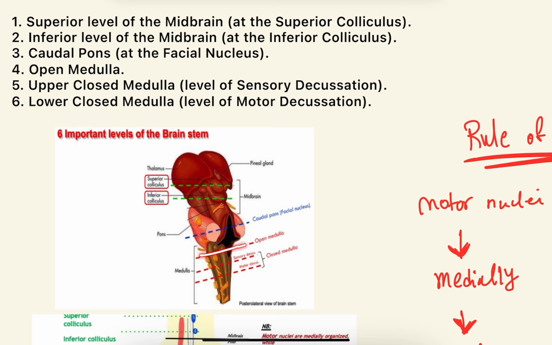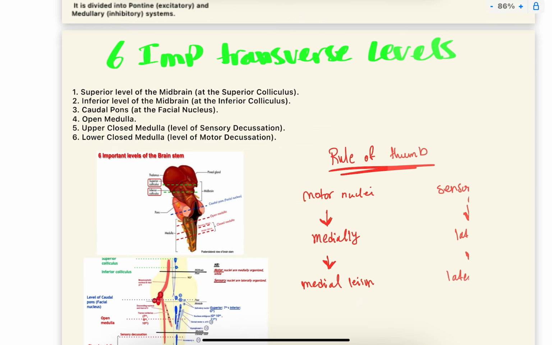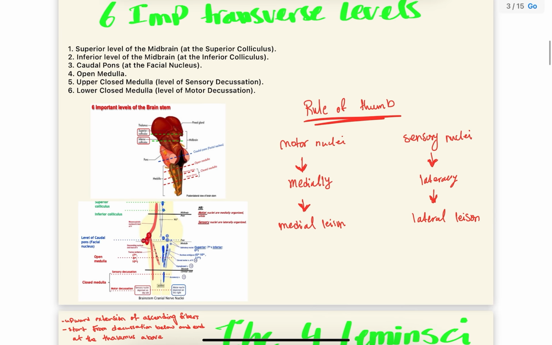Then the open medulla, and for the closed medulla I have two parts: the upper closed and the lower closed. The upper closed is mainly at the level of the sensory decussation, and the lower closed is at the level of the motor decussation.